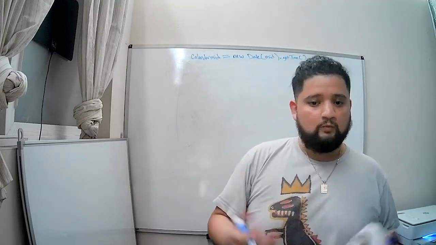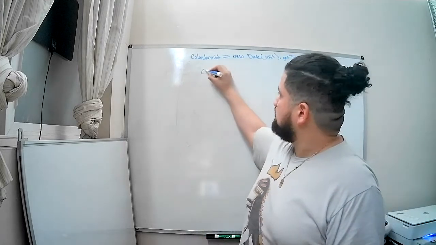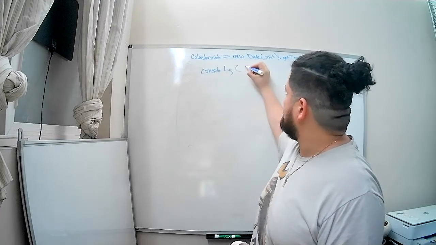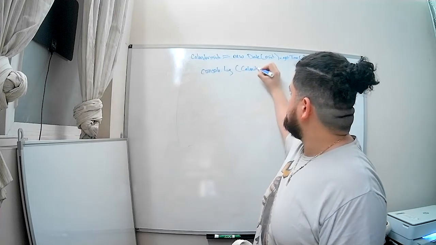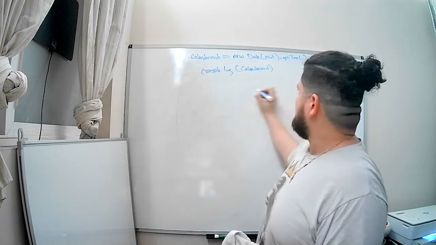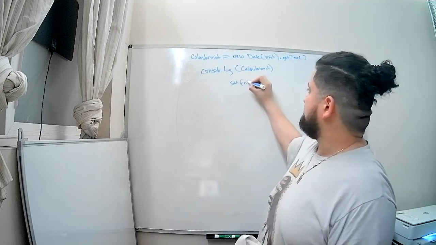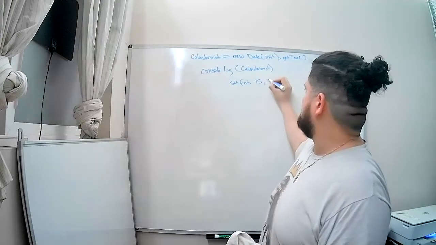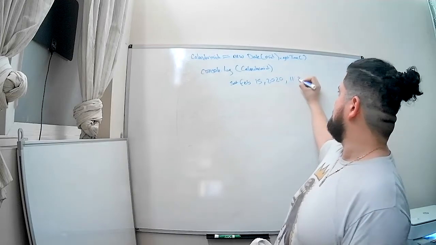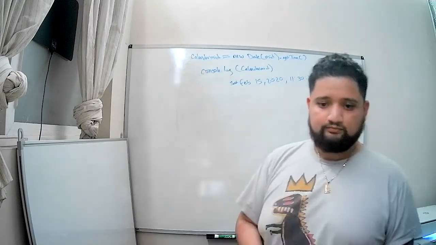Now, once you do the get time method and you console.log calendar mid, it comes down to Saturday, February 15th, 2020 at 11:30:00.